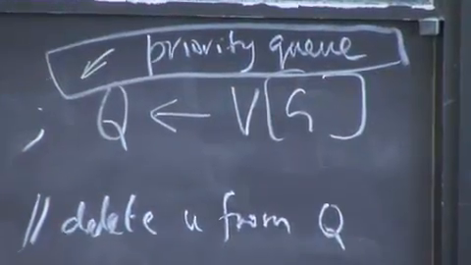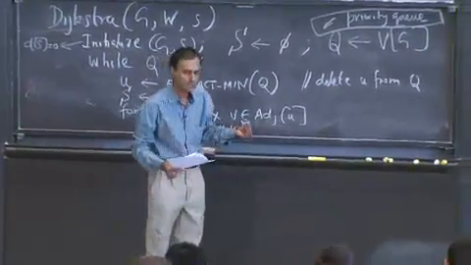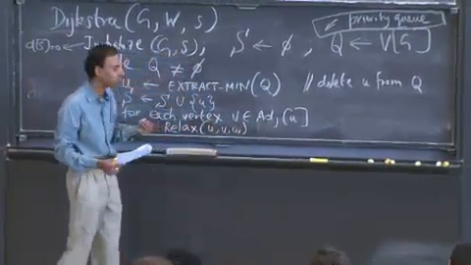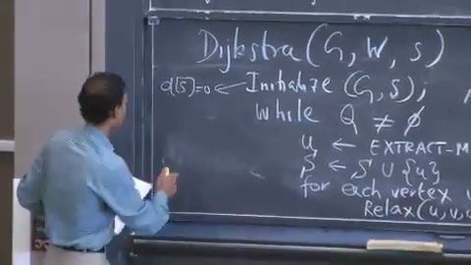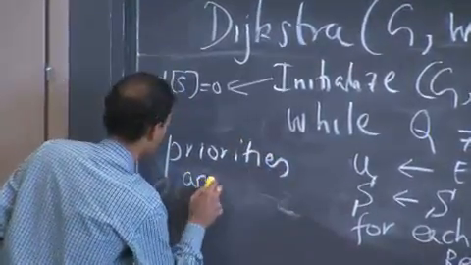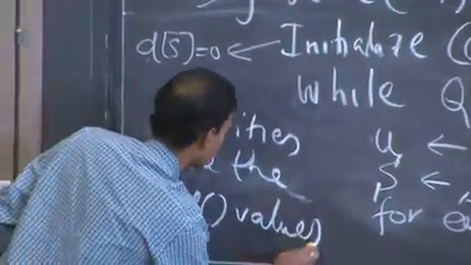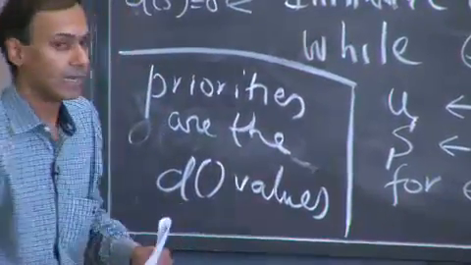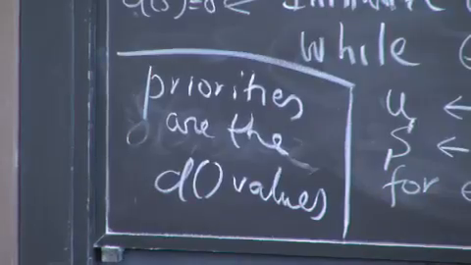But as an ADT, as an abstract data type, think of Q as being a priority queue. And there are priorities associated with each vertex that's in Q. And these priorities change, and they're the D values. All right? So initially, D of S, small s, is 0, and all of the other ones are infinity.